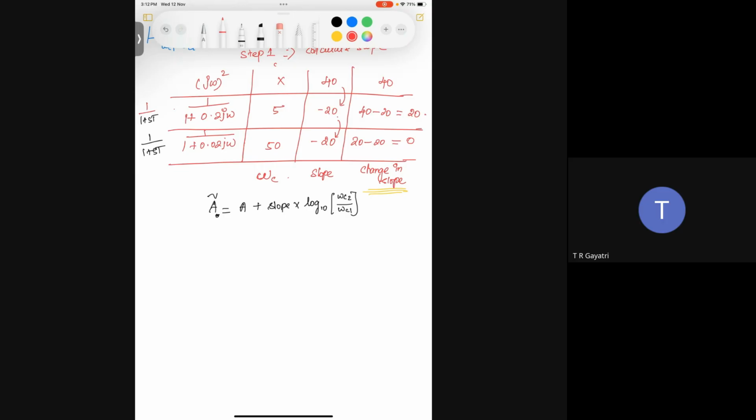Why we are doing this, any idea why we are using this formula? Common guess. What do you want, or why are we doing it?